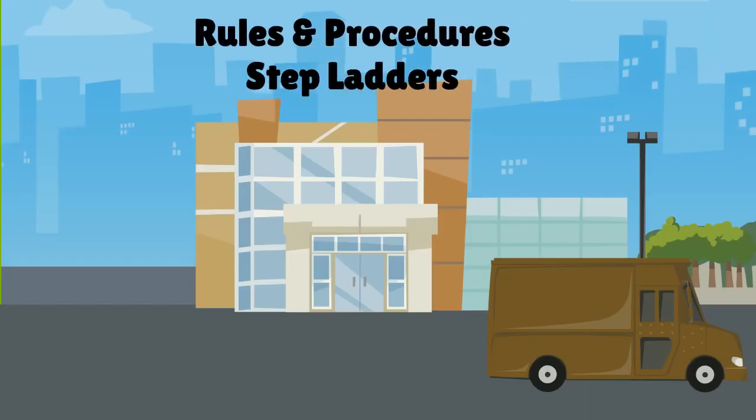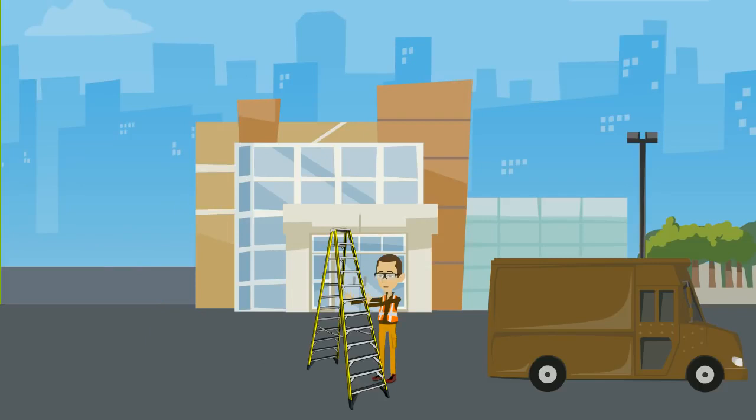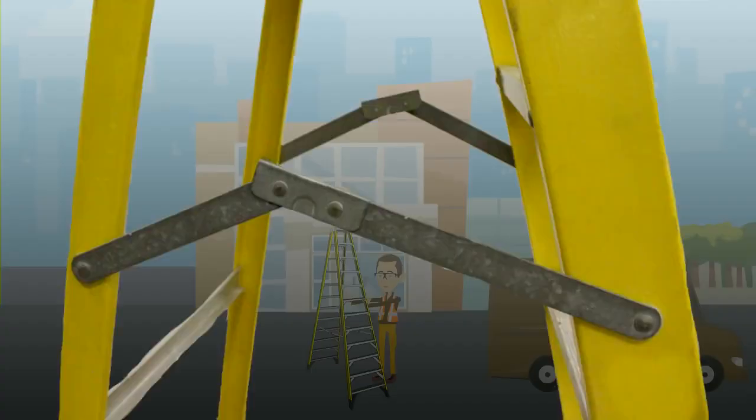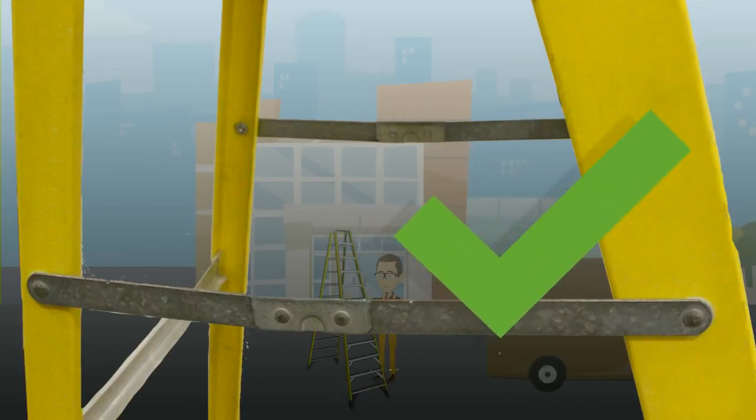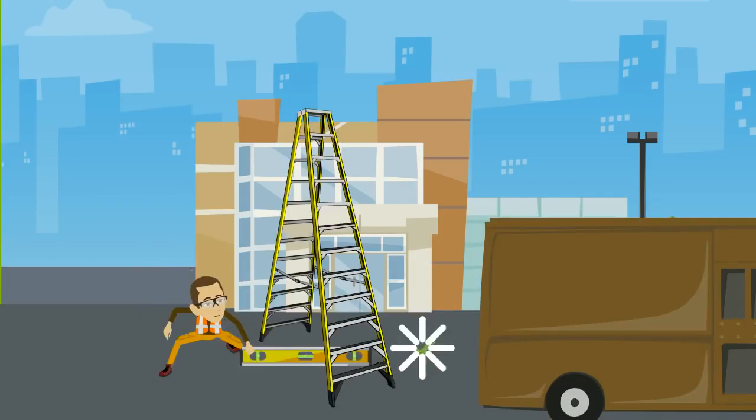Just like extension ladders, stepladders should always be inspected before use. When opening a stepladder, make sure the two hinged metal braces called spreaders are locked down and are straight. Never set up a stepladder on an uneven surface. Each of the feet must make firm contact with the surface of the ground or floor.